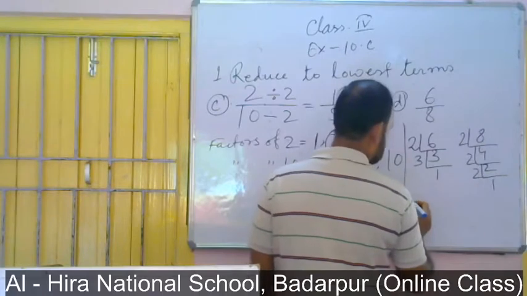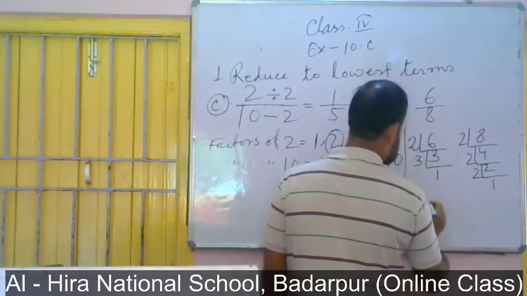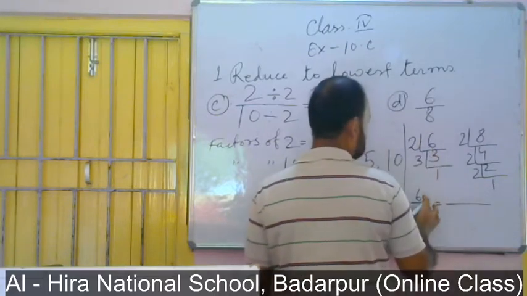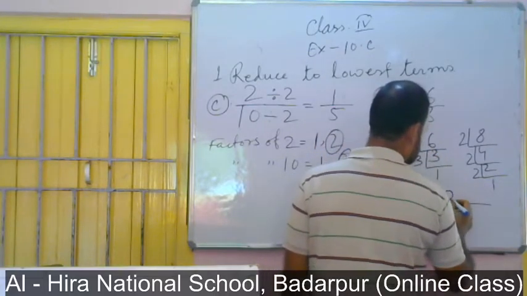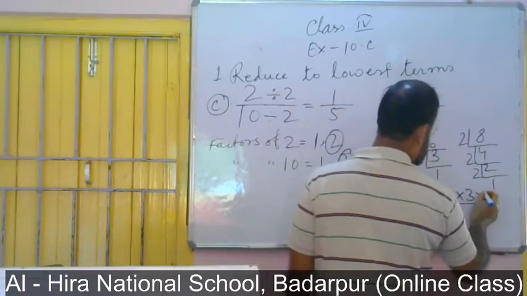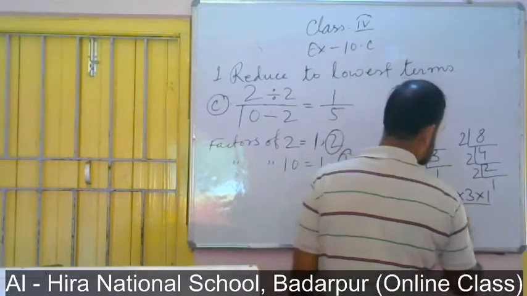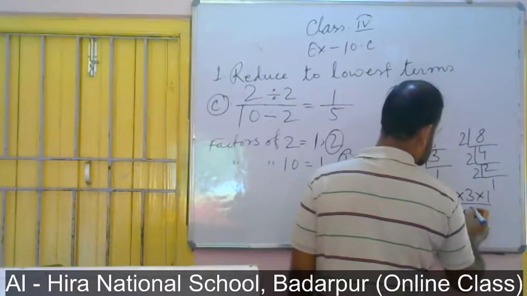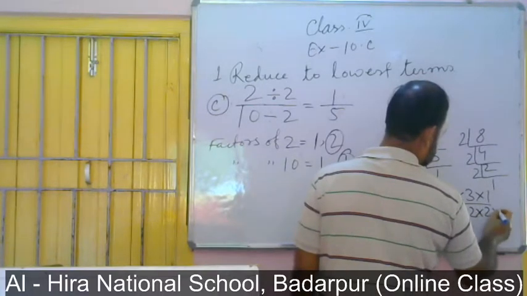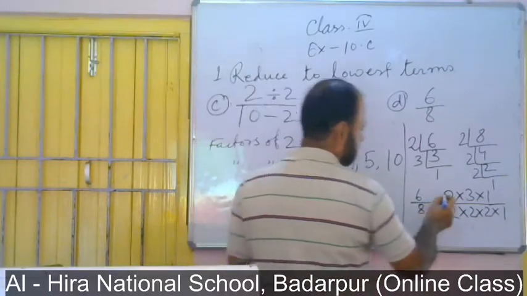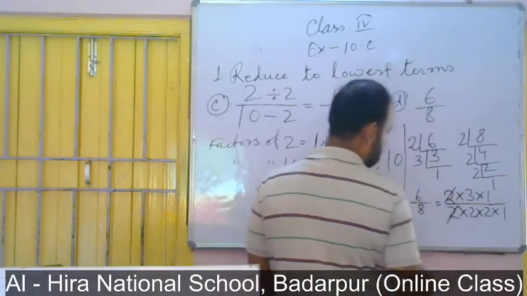So here the prime factors of 6 equal 2 into 3 into 1, and the prime factors of 8 equal 2 into 2 into 2 into 1. So now the common factor here is only 2.